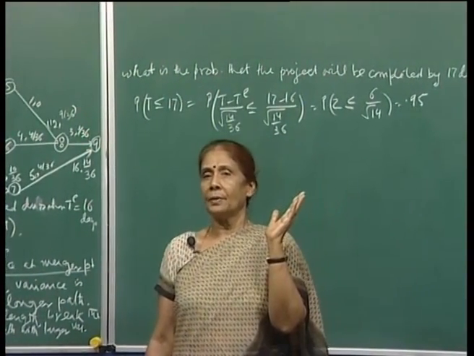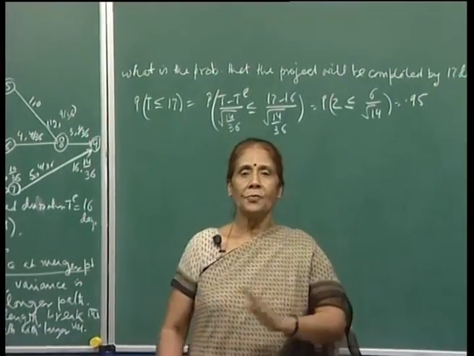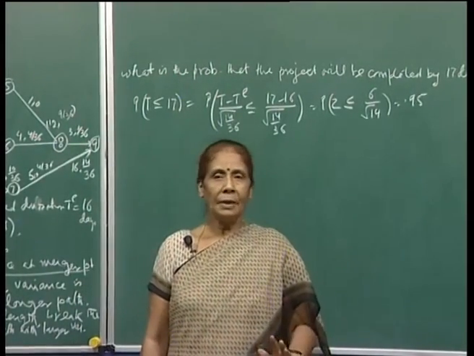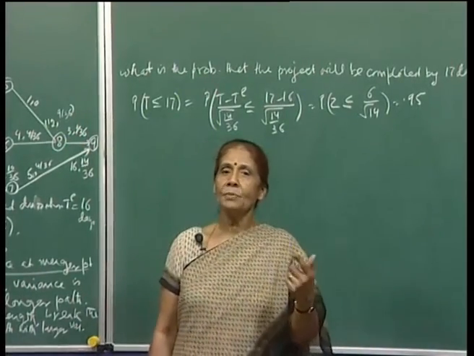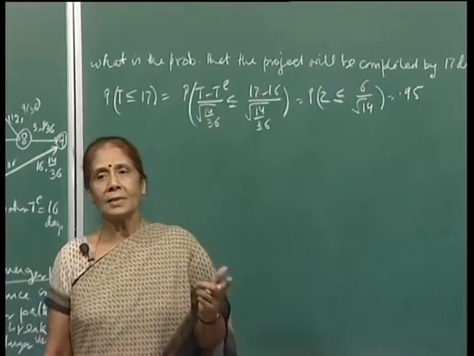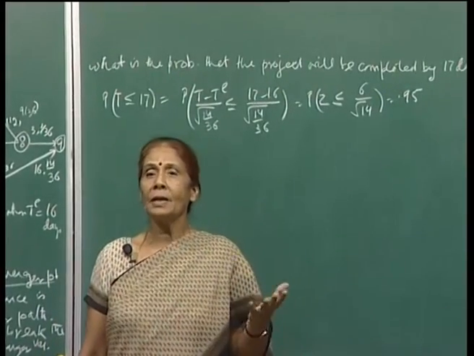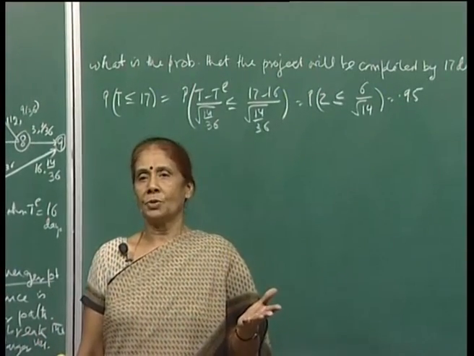So, the central limit theorem says that if you have a large number of independent random variables having the same kind of distribution, then their sum will approximately behave like a normal distribution.